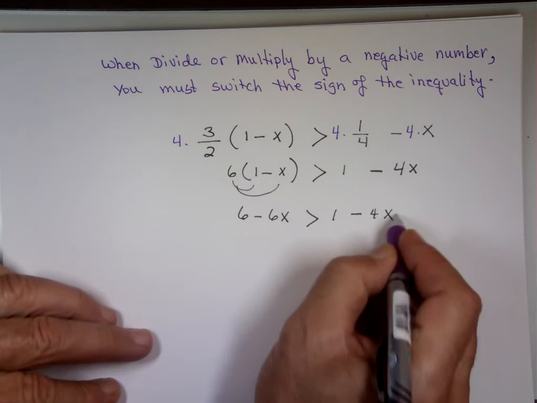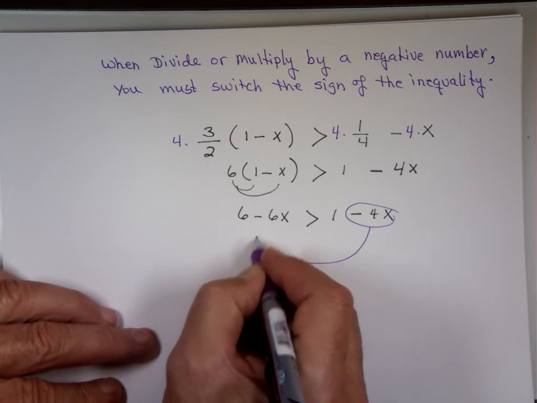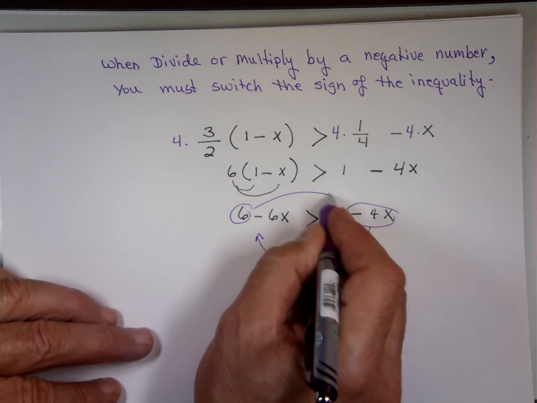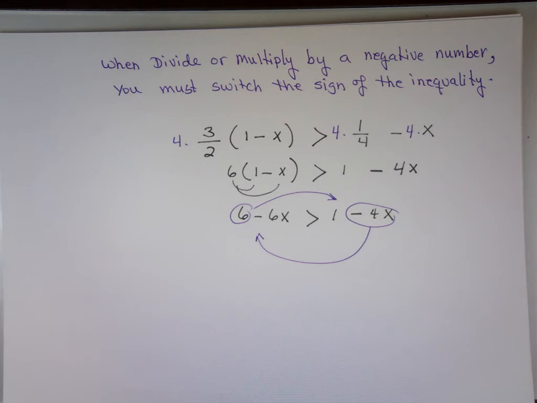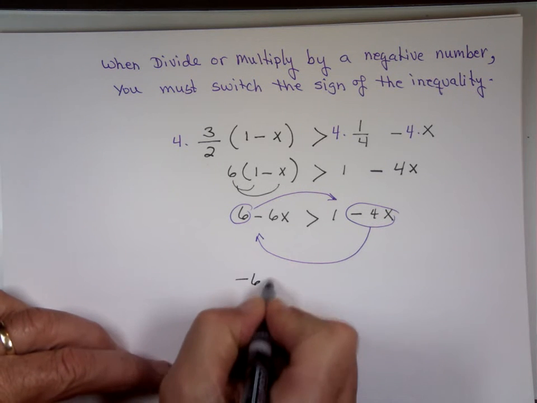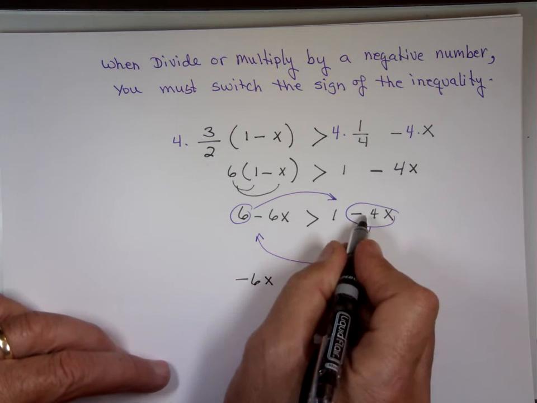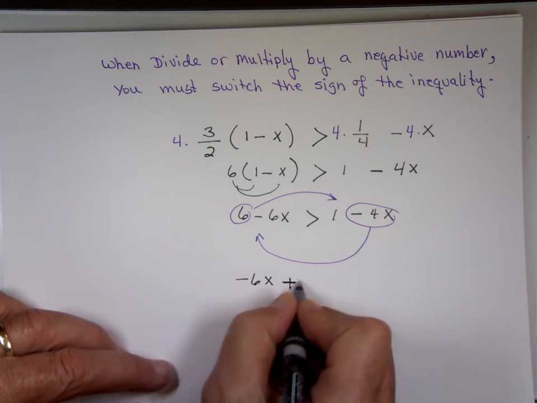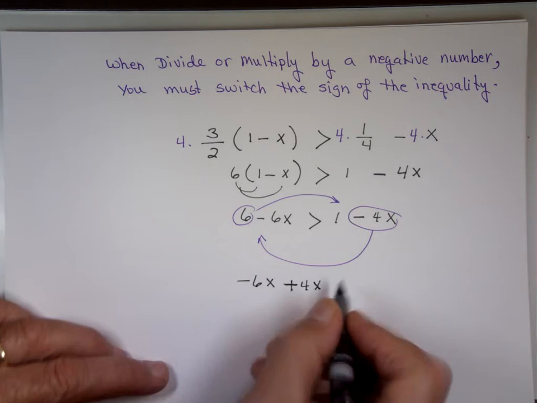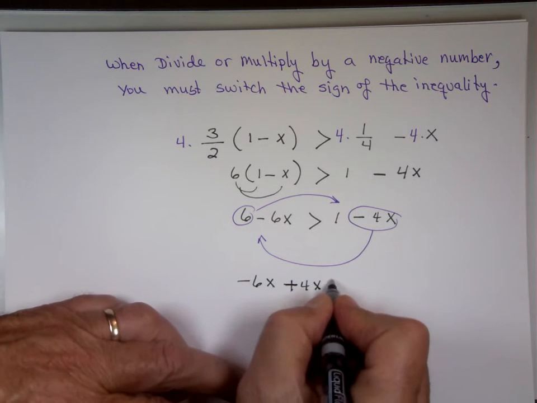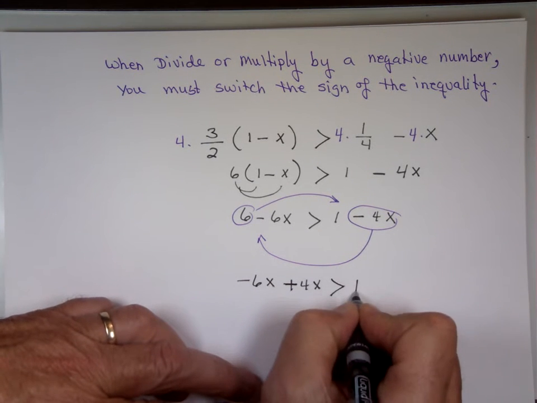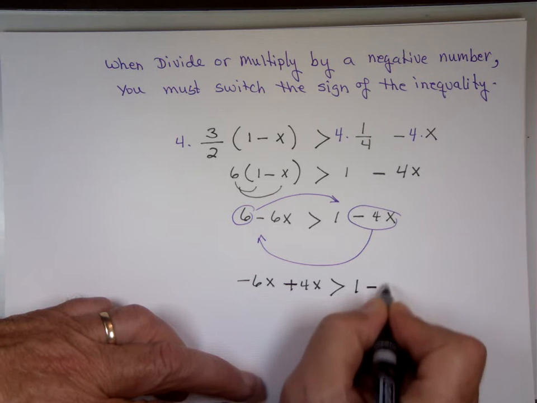So I can bring the negative 4 here. I can take the 6 there. So I'll have negative 6x. This becomes what? Plus 4x greater than what? 1 minus the 6.